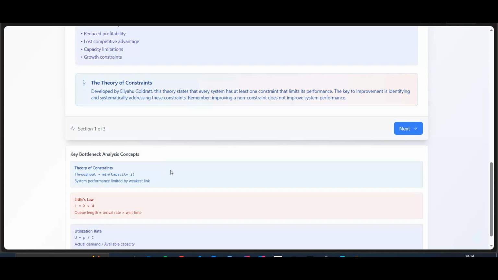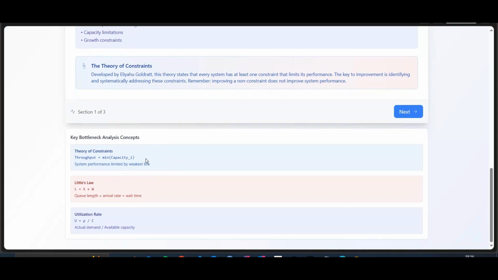Here's the key formula from that theory: throughput equals the minimum of capacity sub i. In plain words, the system output is only as strong as its weakest step. And here is a warning: if you put effort into improving steps that are not constraints, the system as a whole won't improve.